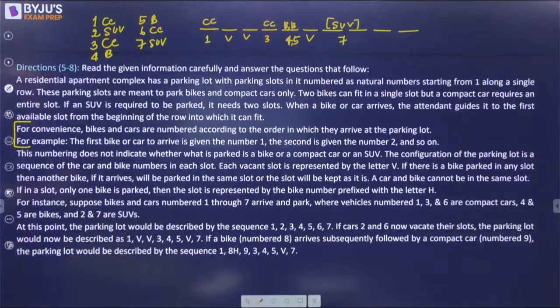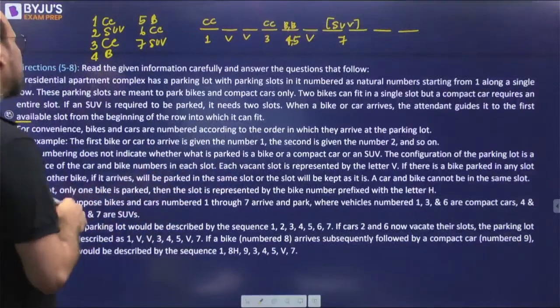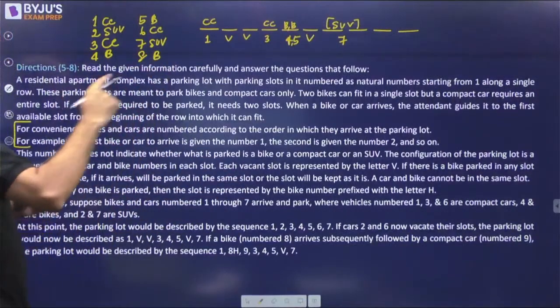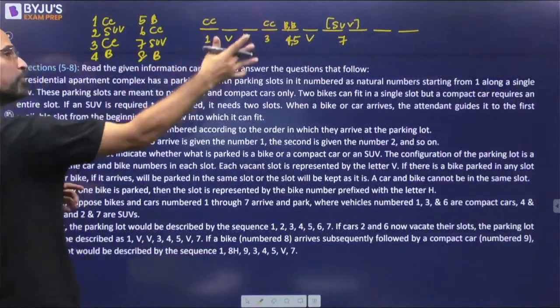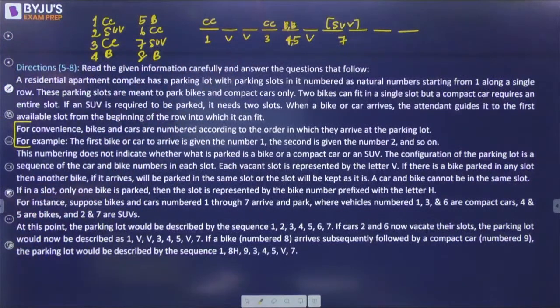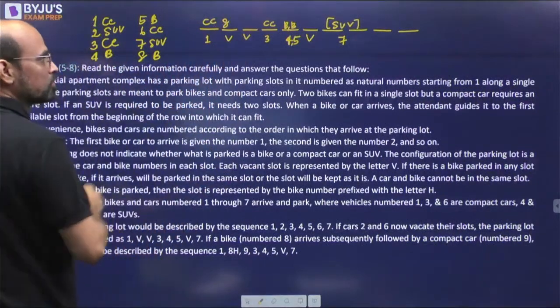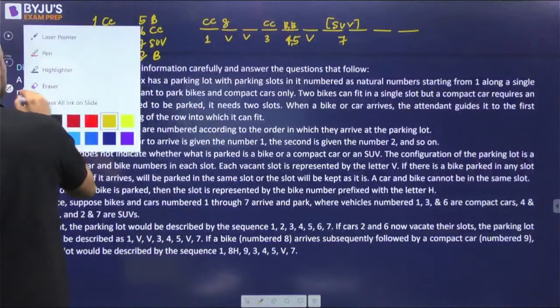I hope this part is clear. Right? If a bike number 8 arrives subsequently, if there is a bike that comes in, obviously that bike is going to take the first vacant position. Right? तो ये जो है आपका 8 आ जाएगा. Sorry, bike will be there.